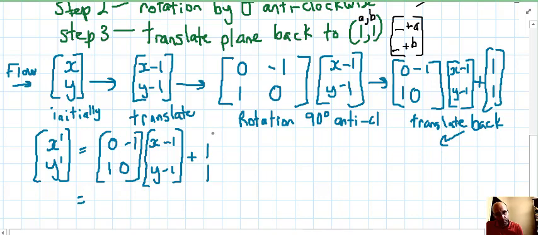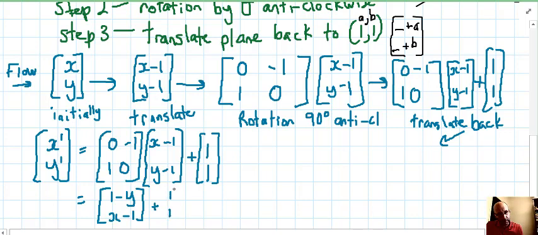Okay, so, whoops, that's not a proper matrix, Mr. Herbert. That's better. Okay, so I'm going to do the multiplication bit first. So we have 0 times x minus 1 plus -1 times y minus 1, which is 1 minus y. Then we have 1 times x minus 1 plus 0 times y minus 1. Now let's add the 1 onto that.